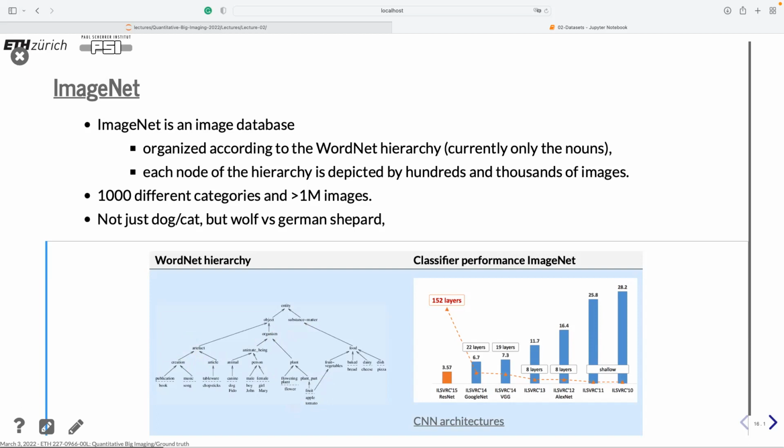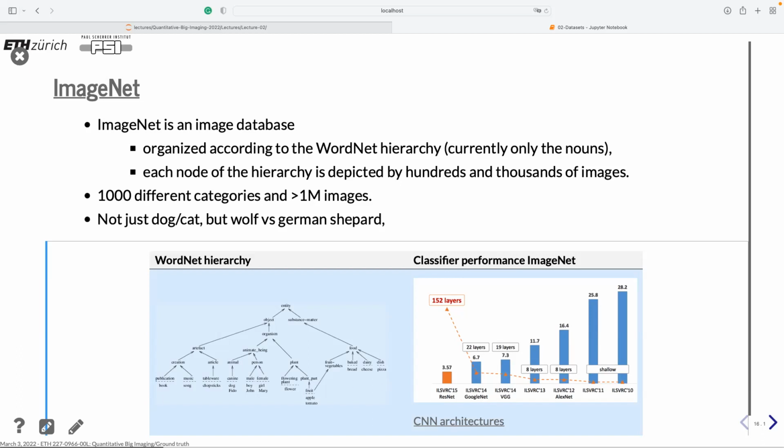And then you have a lot of different architectures for machine learning, and you can see the complexity is increasing with the amount of computational power and also the performance. And what was the parameter here?